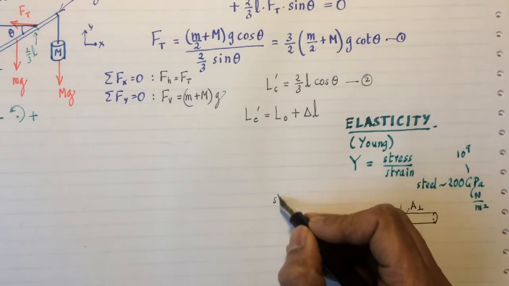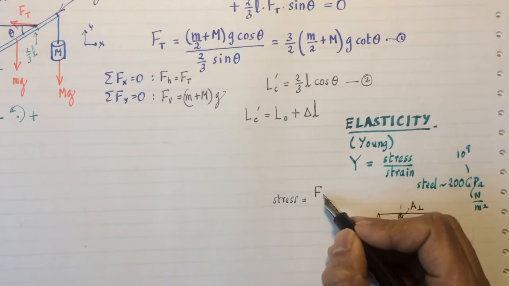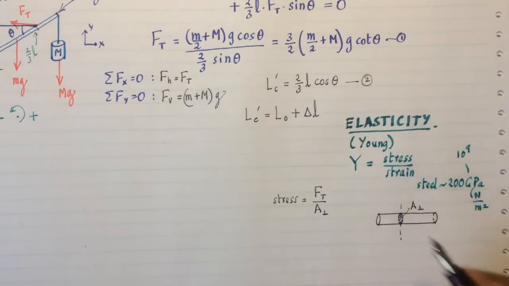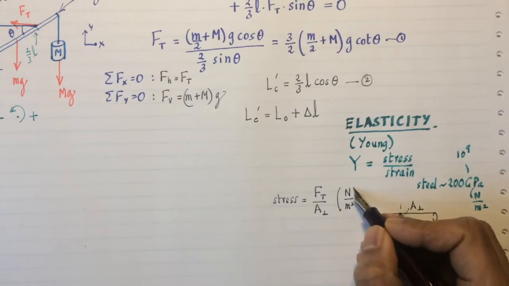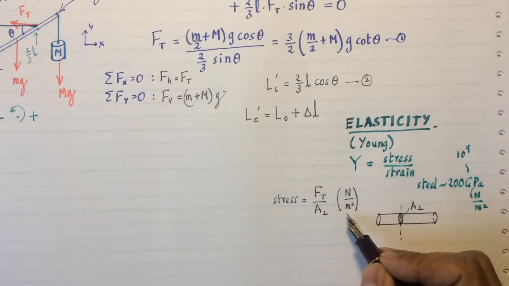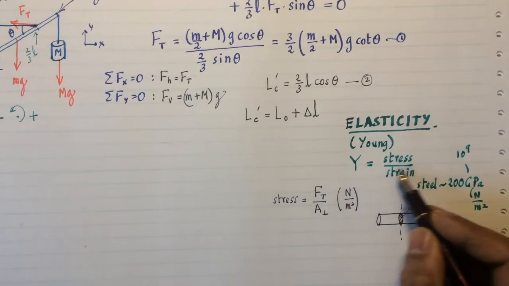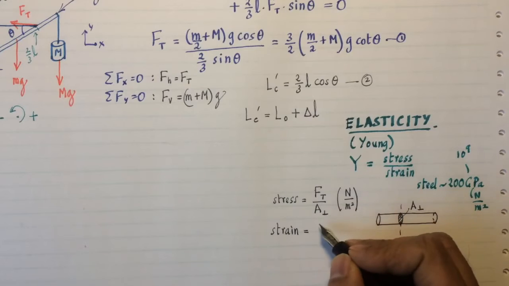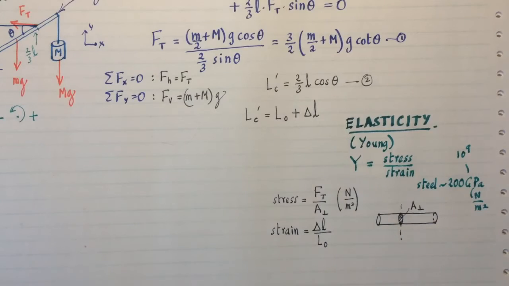Stress is defined as whatever force you're applying, in this case the force of tension on the cable, divided by the cross-sectional area. You will see that the units here already give us newtons per square meter, because force is measured in newtons and area in square meters. So you already get the Young's modulus units, gigapascals, which means strain must have no units. And indeed it does not, because strain is defined as the change in length divided by the original length. That's the definition of strain.